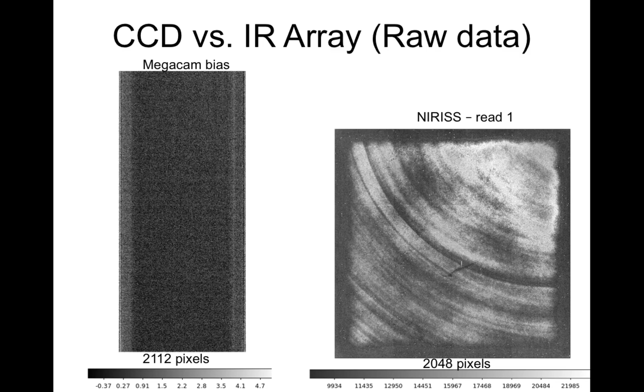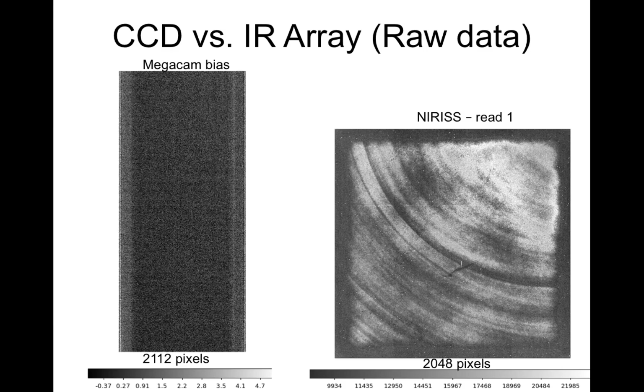Okay, on the left you have a bias of a CCD here, Megacam. You see that the bias is basically smooth, close to zero, very small amplitude features, and so you can imagine an astrophysical scene on top of that, and there's no noise essentially related to the detector. However, on the right you have a NIRISS, so James Webb, individual read, and you see lots of structures with large amplitudes.